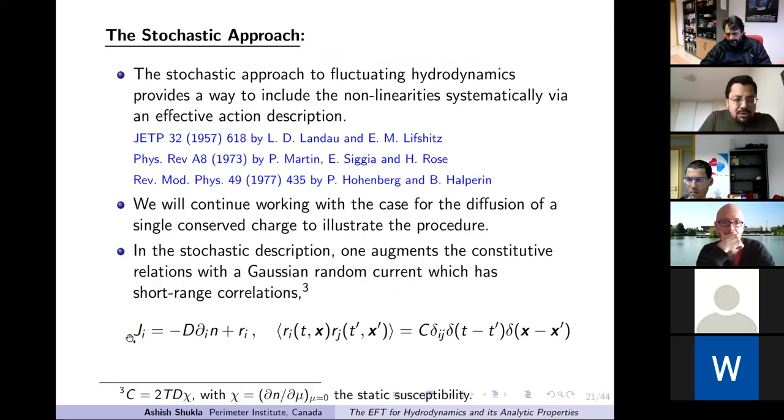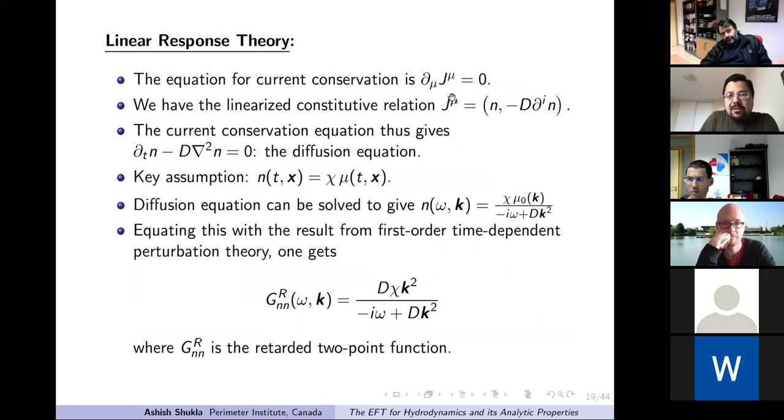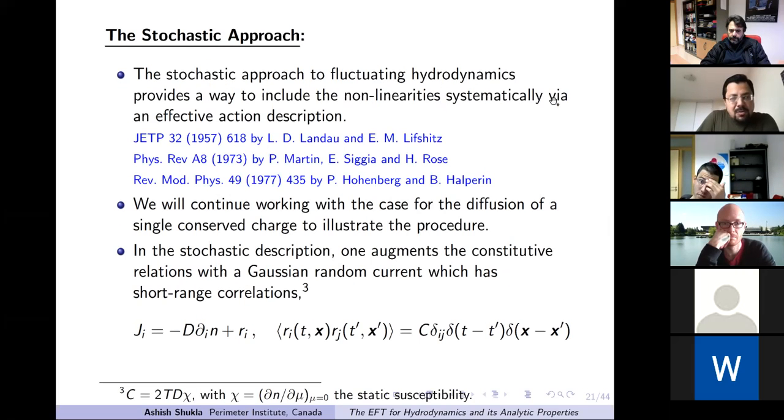Recall that in the Landau frame, I showed this to you earlier as well, let me just go back. If I'm looking at the constitutive relations for the current, then the spatial components are nothing but proportional to the derivatives of the charge density. What you do in the stochastic approach is you start with that, you say J^i is minus D del_i n, but you add a random current R^i to this purely by hand.